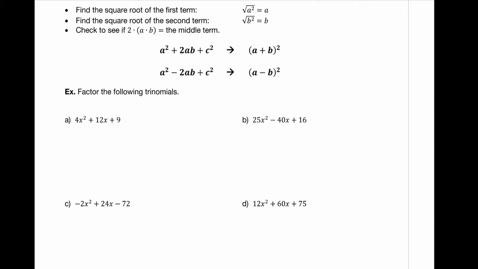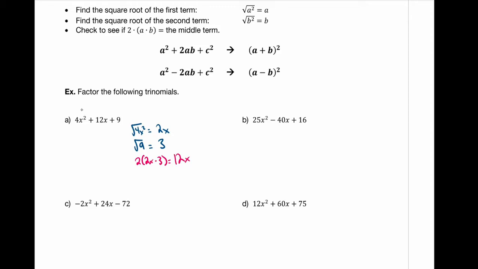So if I look at A, 4x squared plus 12x plus 9, if I take the square root of 4x squared, that is a perfect square, I can get 2x. If I take the square root of 9, that gives me 3. And if I do 2 times 2x times 3, I do get 12x.